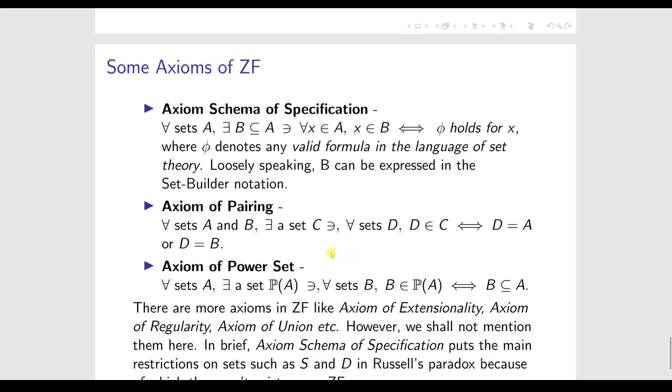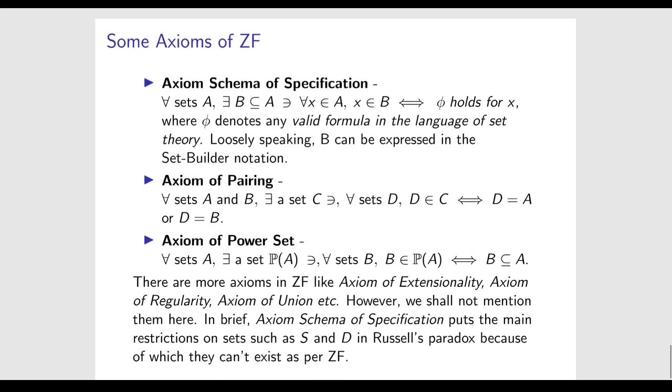Now, look at axiom of pairing. For all sets A and B, there exists a set C such that for all sets D, D belonging to C if and only if D is equal to A or D is equal to B. Axiom of power set. For all sets A, there exists a set P(A).